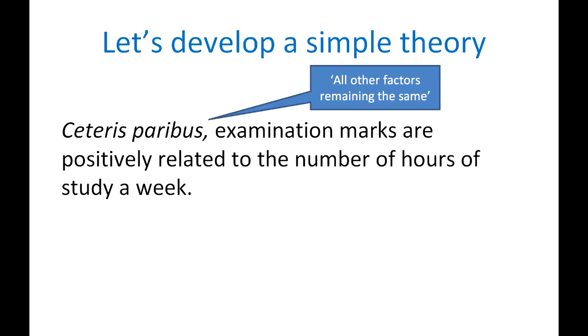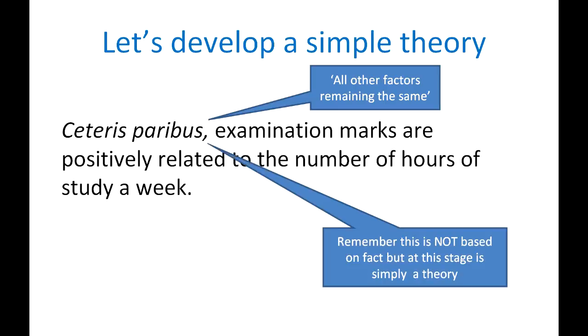So you remember that other than the number of hours of study a week, we had intelligence, we had good teaching, etc. And what we're assuming in this theory, or hypothesizing, is that all those factors are constant, and we're simply looking at the relationship between the number of hours of study and examination marks, and we're postulating that it's positively related. In other words, when the number of hours goes up, marks go up. And conversely, of course, when the number of hours come down, exam marks come down as well.